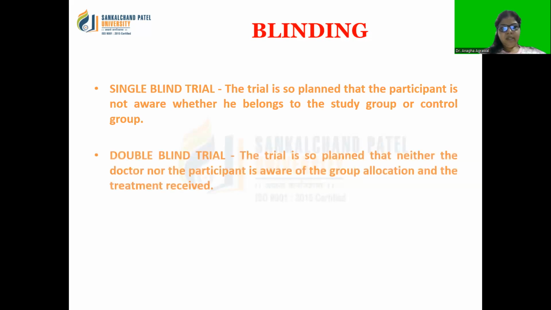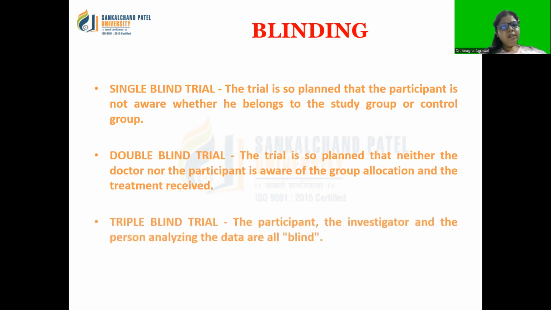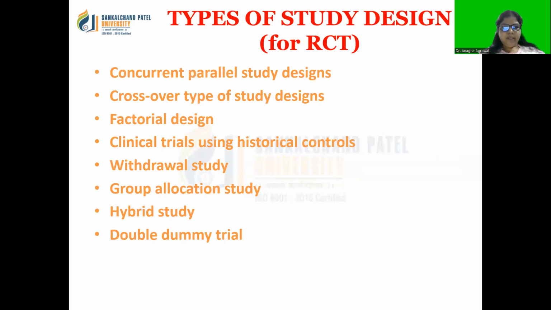Second is double blind trial, where the subjects as well as the doctor do not know where they belong. And third is triple blind, where the subject, the investigator, as well as the statistical analyst do not know the group allocation. So triple blinding is the ideal procedure basically, but we actually go for double blind in most of our trials.